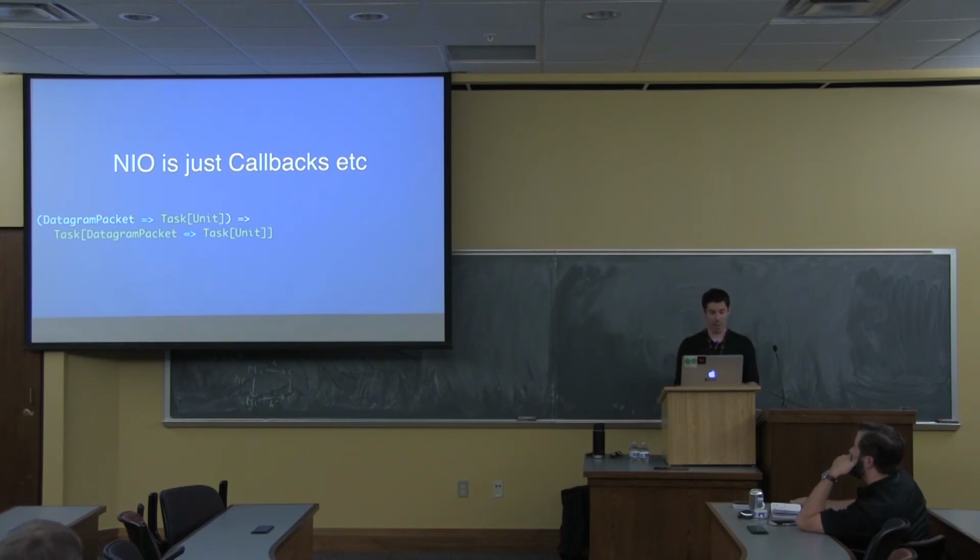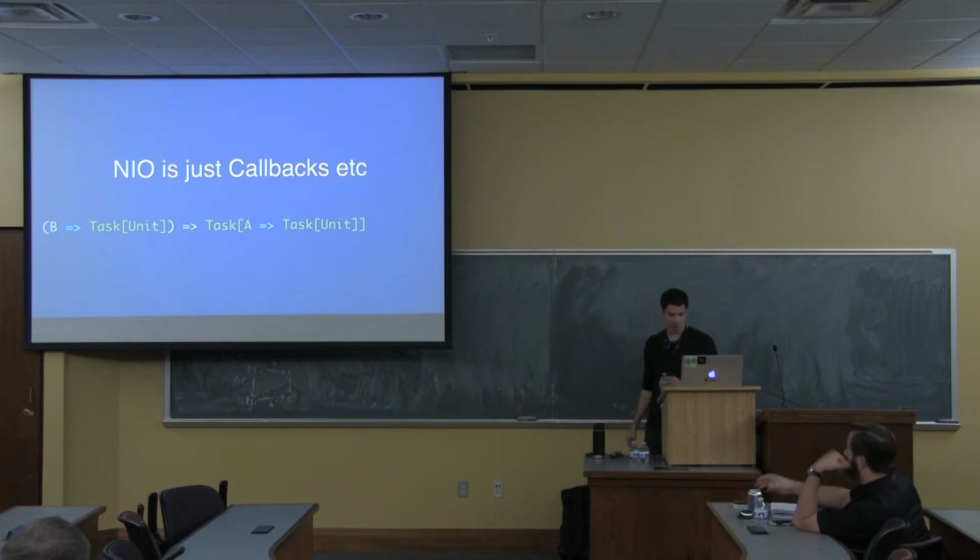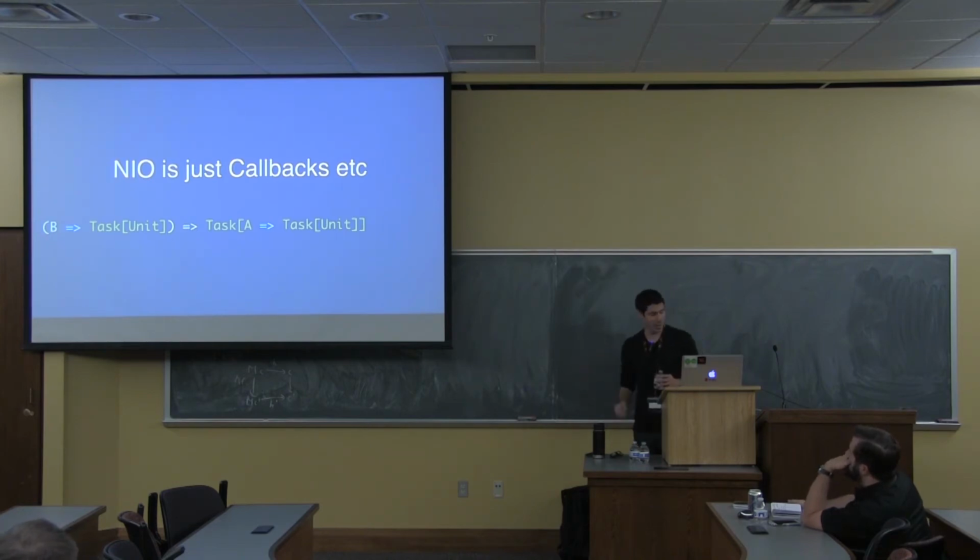But you can see that I'm returning a task that I'm going to be able to run that gives me my function. So this is our abstracted callback scenario for processing incoming data and outgoing data. I'm passing in a handler function, and I'm getting back a task that has a function in it.